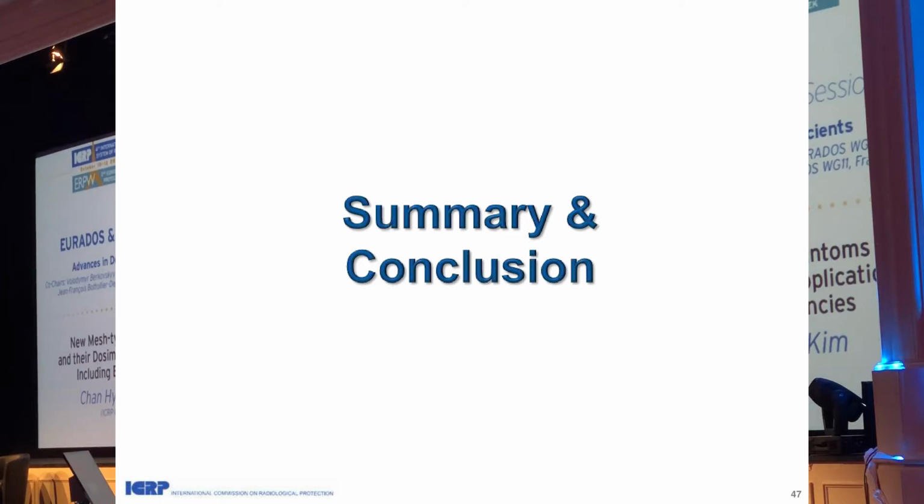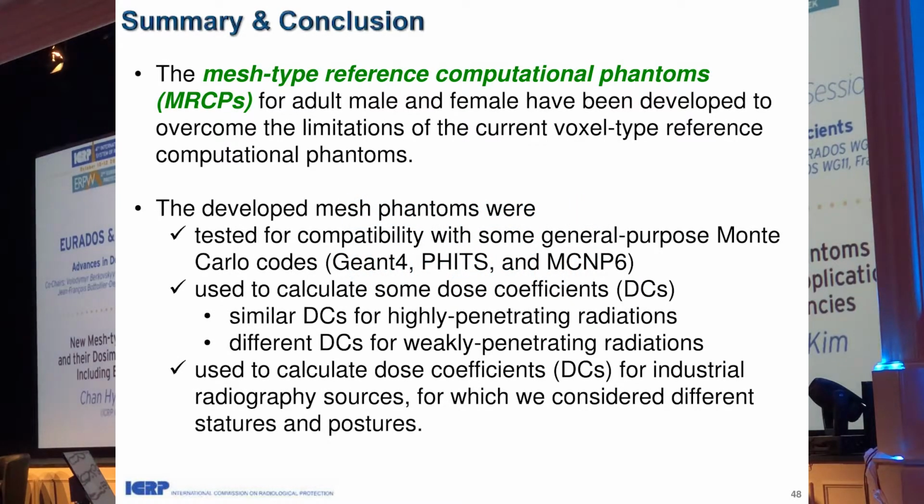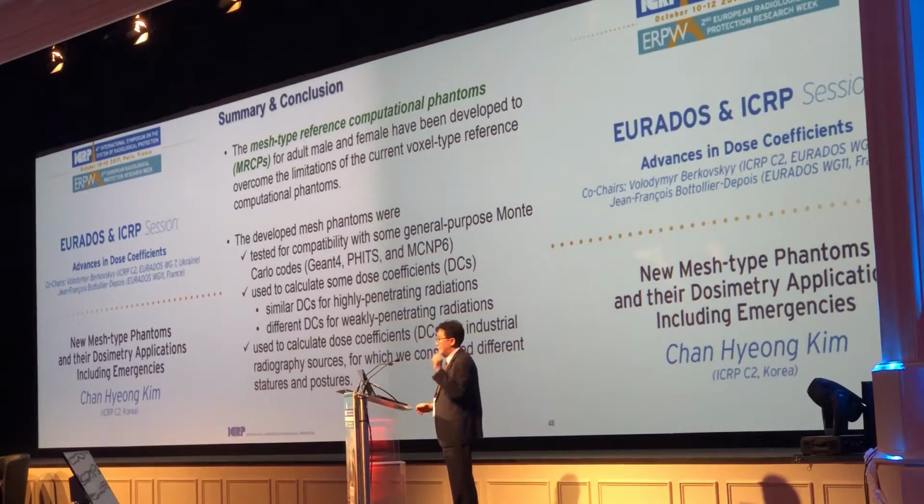So here is the summary and conclusion. In our task group, the mesh type reference computational phantoms, MRCPs, for adult male and female have been developed to overcome the limitations of the current voxel type reference computational phantoms.